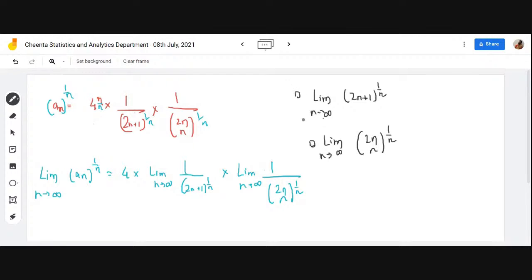These are the limits we need to find out now to complete the whole problem. Everything clear till this point, guys? Any doubts?